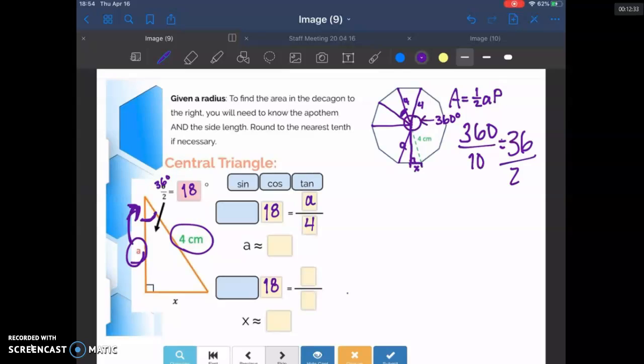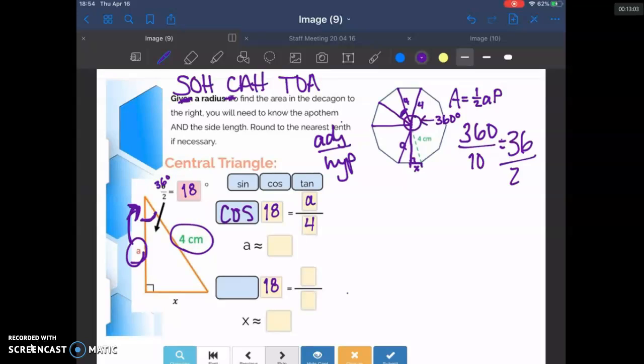What do we know adjacent over hypotenuse is? Remember SOH CAH TOA: sine is opposite over hypotenuse, and that's not what we want. Cosine is adjacent over hypotenuse, and that is what we're looking for right here. So we're looking for the cosine.